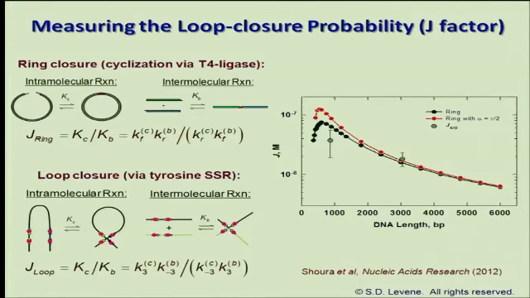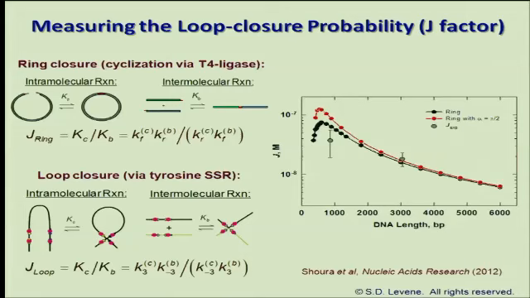So now, putting all of this information together, we can estimate what the Jacobson-Stockmayer factor is for the different size loops. This is the 870, this is the 3 kb loop. And we can also ask how those values compare with theory. Well, it turns out there aren't good theories for looping in this size range, at least not yet.